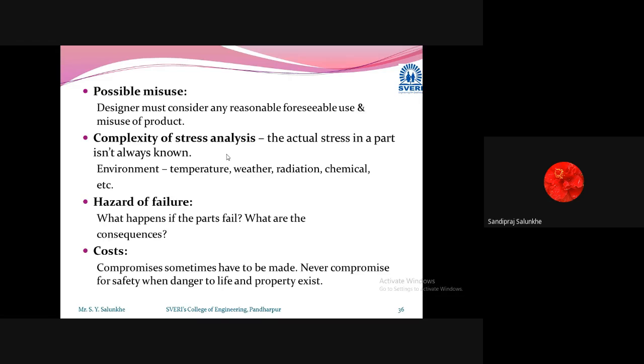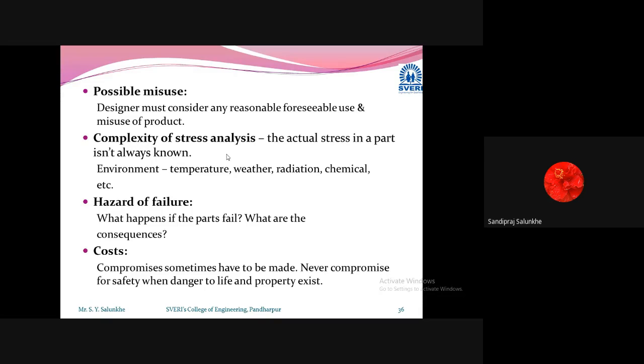Whereas in some applications, that component may be used at very high temperature. Suppose you are designing a bike, and that bike is purchased by a person who is living in Rajasthan, where the temperature is very high, the desert of Rajasthan. Whereas the same model, same bike is purchased by a person who is living in Kashmir, where the temperature is very low.